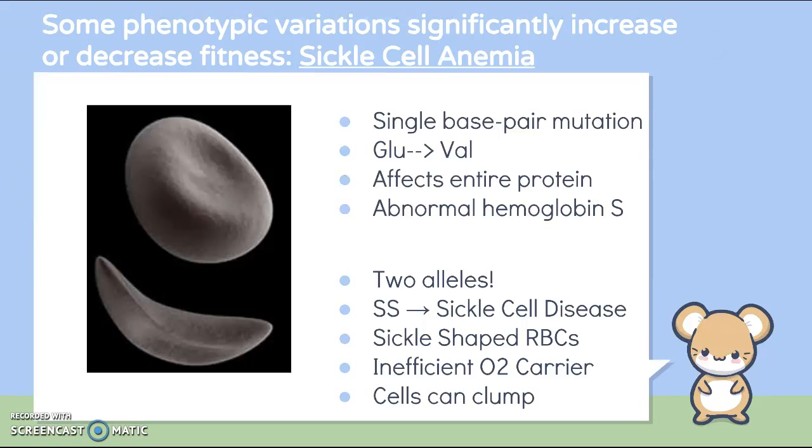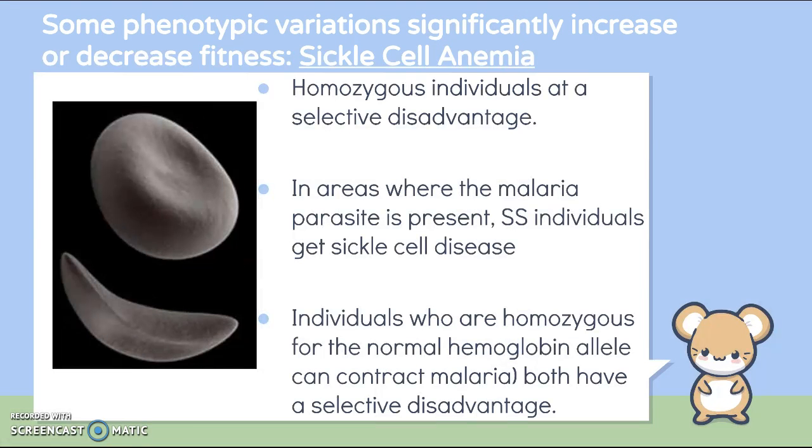So obviously those individuals, those humans, are not particularly likely to grow up as well and reproduce as much. What is interesting, however, is that in environments where there is a high rate of malaria, homozygous individuals that don't have the trait at all are actually at a selective disadvantage as well. So both homozygous individuals who don't have this mutation and homozygous individuals who do have the mutation are at a selective disadvantage.